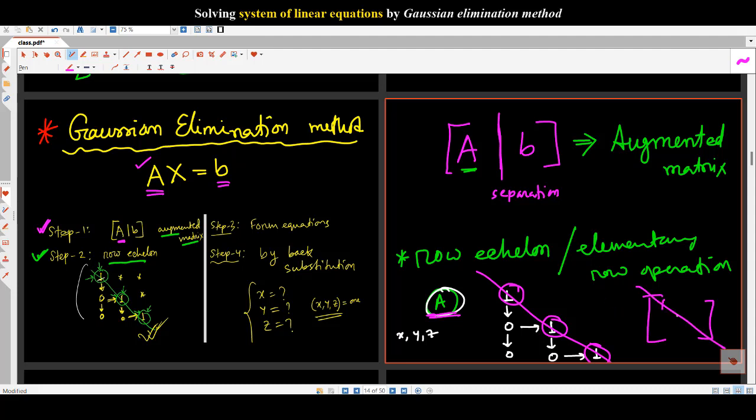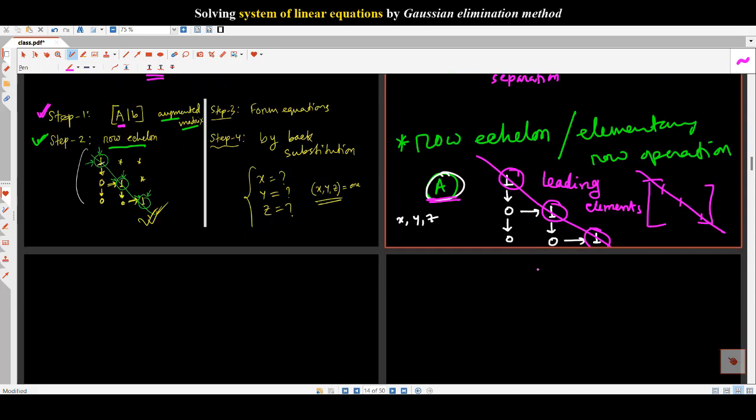So the diagonal elements that you can see, these elements are somehow known as leading elements, or leading entries.